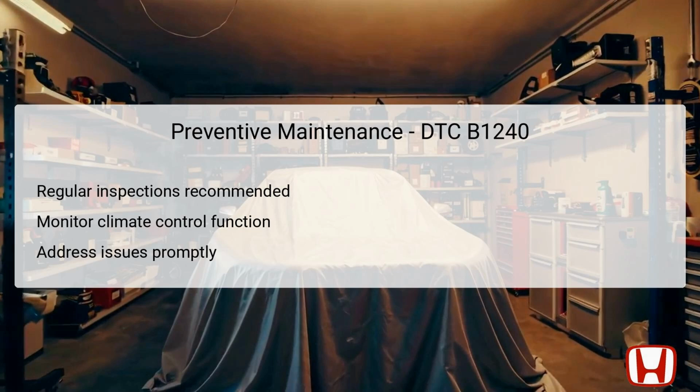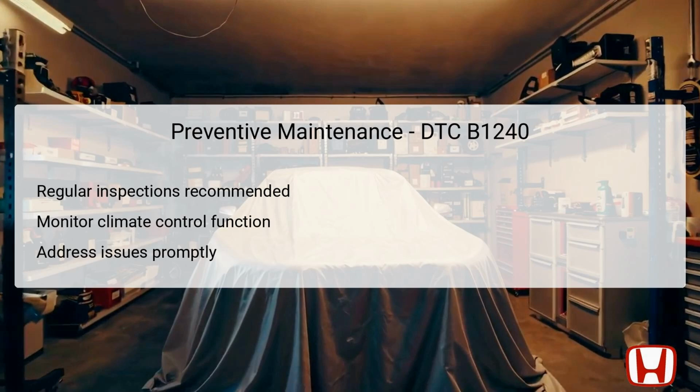Preventive maintenance plays a vital role in ensuring the ongoing performance of the mode control motor circuit and the climate control system overall. Regular inspections of the wiring and connectors can help identify wear and potential issues before they escalate into serious failures. Owners should actively monitor the functionality of the climate control system, ensuring it operates effectively without unusual sounds or airflow problems.